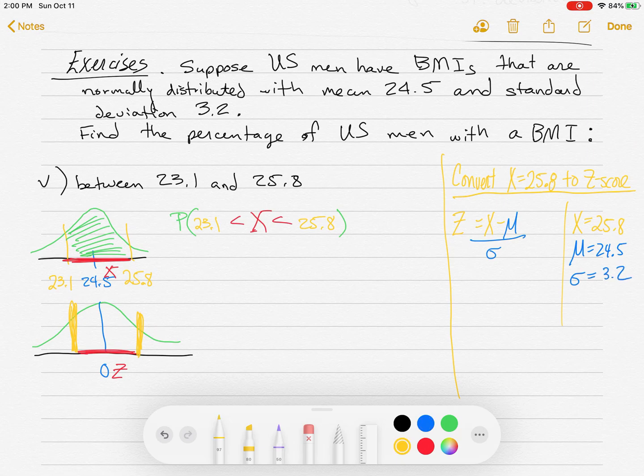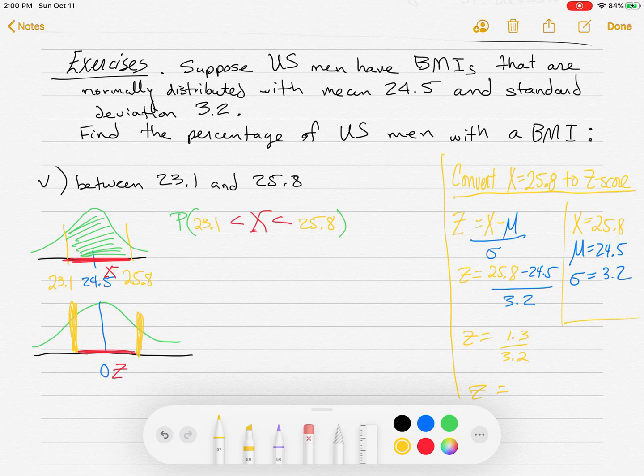In this case, X is 25.8. Mu is the mean, 24.5, that doesn't change. Sigma is the standard deviation, 3.2, that doesn't change. Let's plug it in: 25.8 minus 24.5 divided by 3.2.